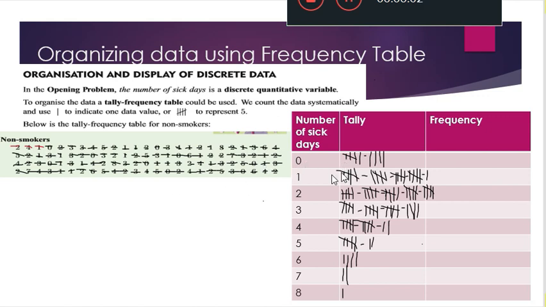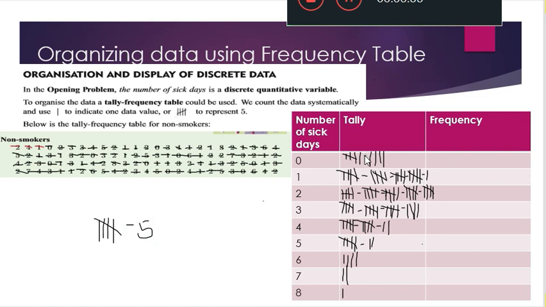Every time I see a number, these are just the inclusive numbers we have, 0 to 8 only. So either they didn't get sick at all, or there's one sick day or more, up to 8. This is how you read this. When there are four lines, that's 4, but when you cross it out, it is equal to 5.